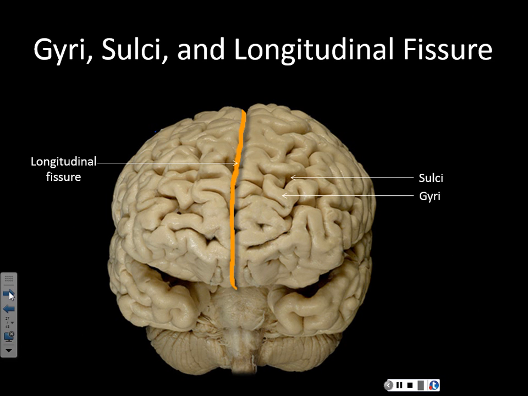You can see where it's located, and it's highlighted. So this is what I was talking about. The bumps, the ridges, are called gyri, gyrus singular, right? And the grooves or the cracks are sulci, sulcus singular. Gyri plural, sulci plural, sulcus singular. Okay?